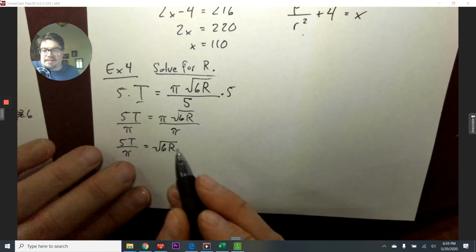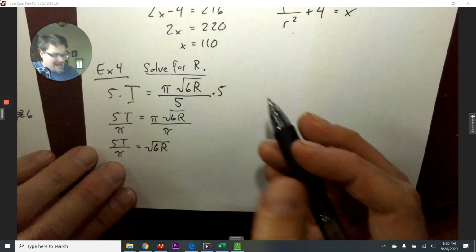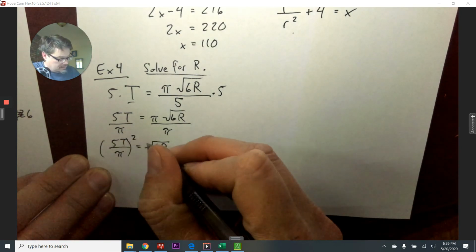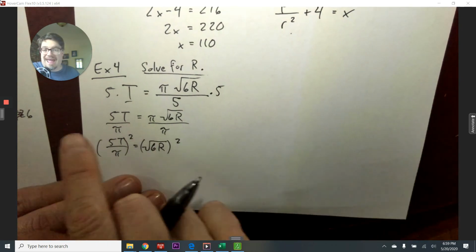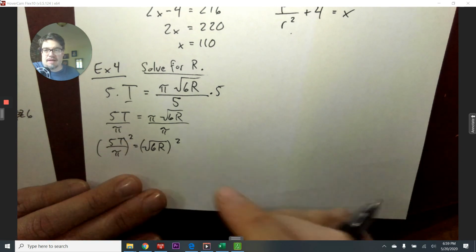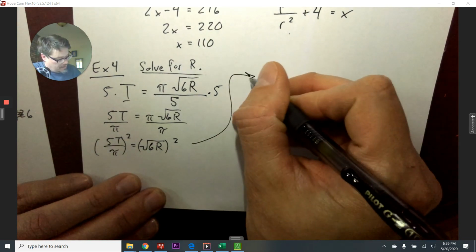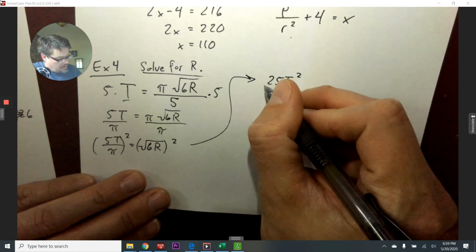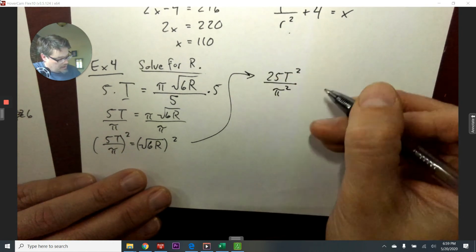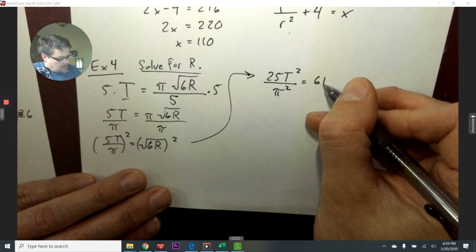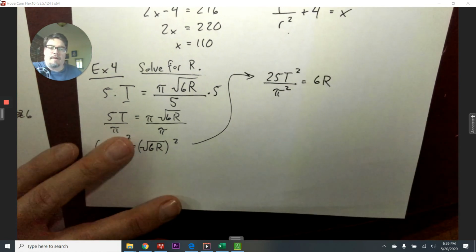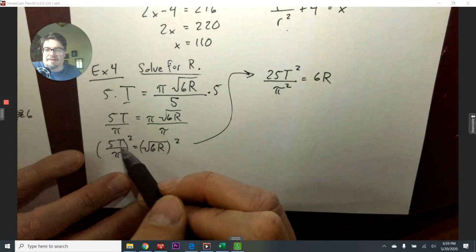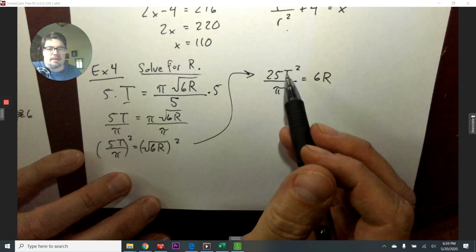Since the radical is now isolated, I can now square this. Square everything on the left, square everything on the right, and I'm left with 25T squared over pi squared equals 6r. So I squared everything. I squared the 5, squared the T, squared the pi. And there they are, all set.